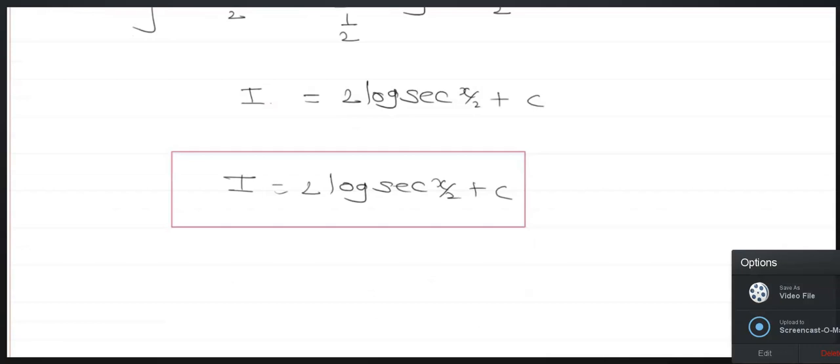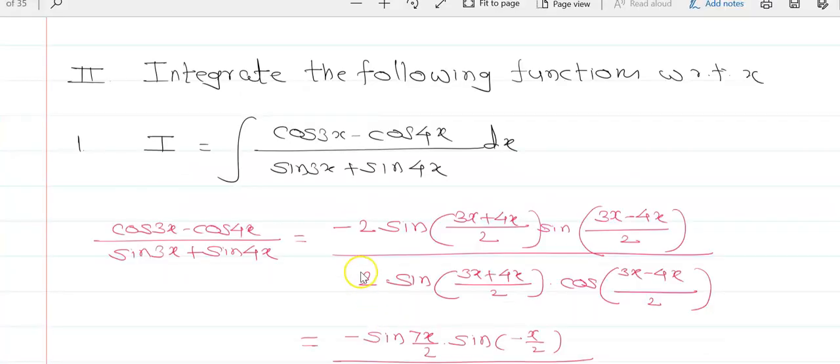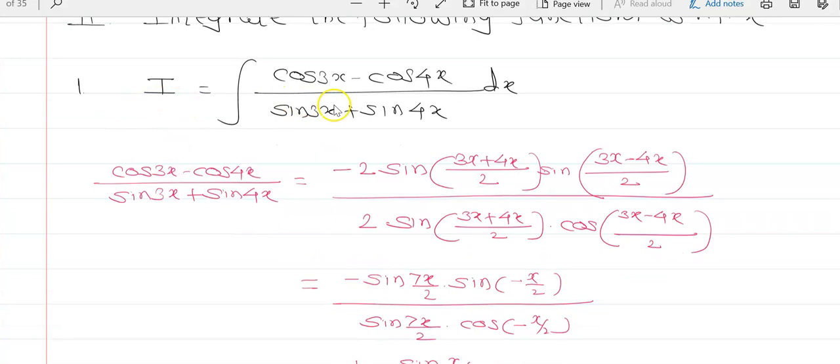Again, you can see this on the board. I is equal to cos 3x minus cos 4x upon sin 3x plus sin 4x. Here we will apply the formula for cos c minus cos d, minus 2 times sin of (c plus d) upon 2 into sin of (c minus d) upon 2, and the formula for sin c plus sin d, that is 2 times sin of (c plus d) upon 2 into cos of (c minus d) upon 2.